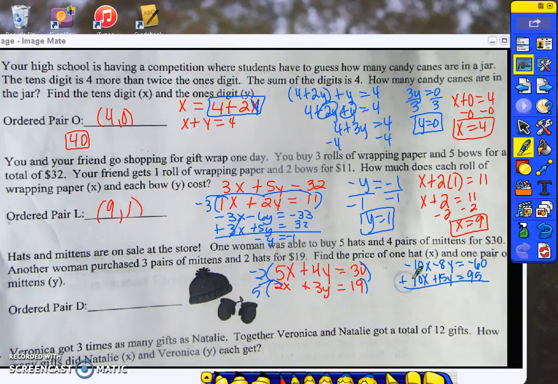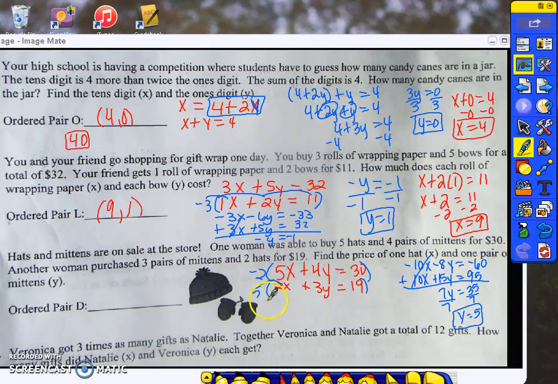Combine like terms. Negative 10x plus 10x cancels itself out. Negative 8y plus 15y is 7y. Negative 60 plus 95 is 35. Divide by 7 on both sides, and y is 5. So the mittens cost $5.